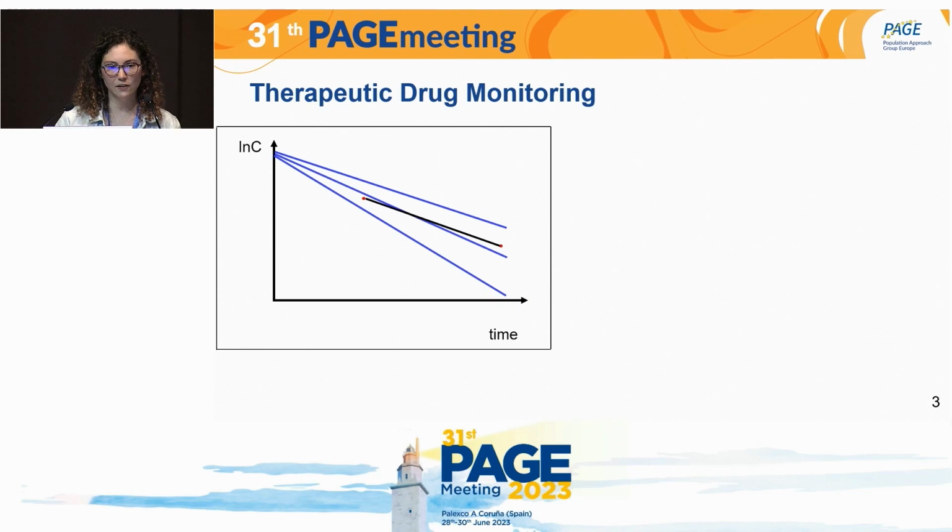In some cases, we measure two concentrations in one patient, and we consider that if both concentrations fall within the VPC interval, the model is compatible.